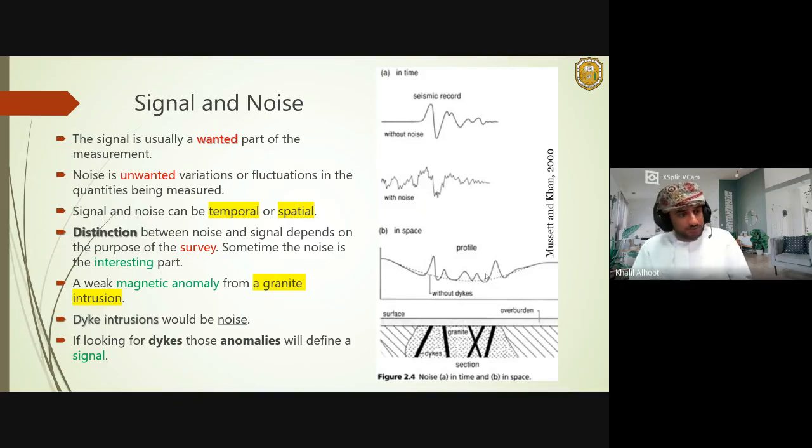So they can be considered. If you are interested in finding the granite, the signal from the dikes is considered as the noise. Whereas if you are interested in the dikes, if you want to find the location of the dikes, then the dikes are the signal.